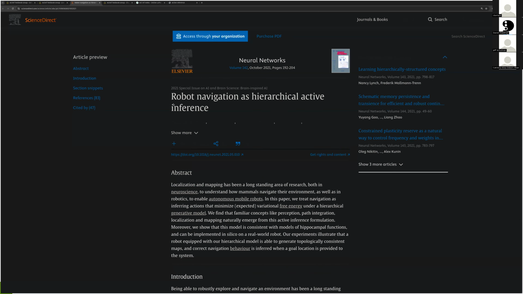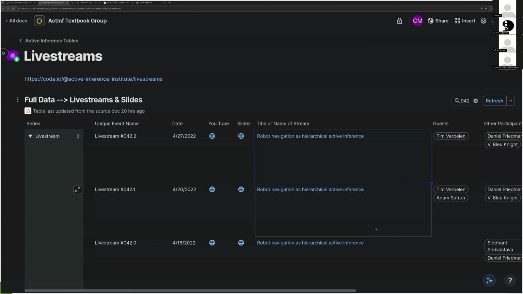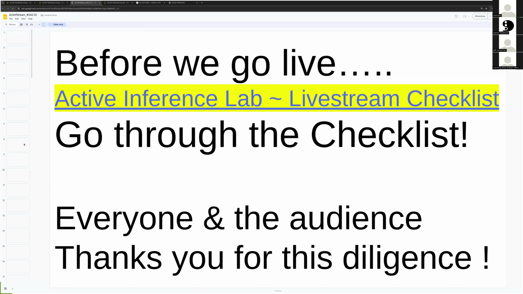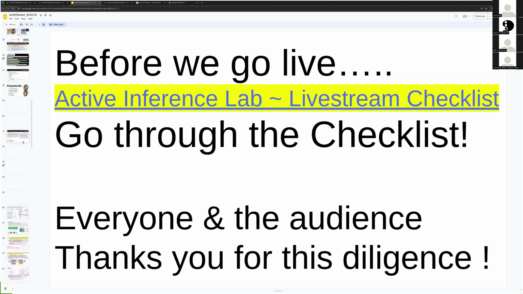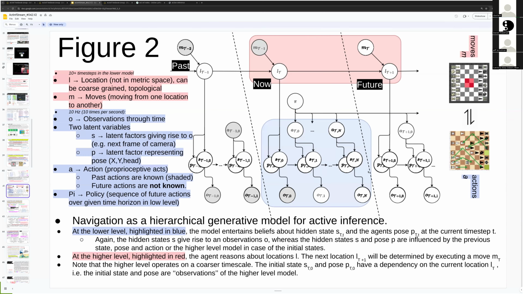This robot navigation paper describes, okay, it's not an open access paper. Here's their hierarchical model.